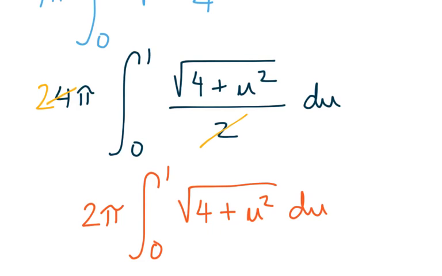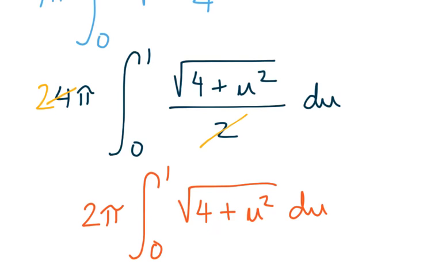So this is really 2 pi, the integral from 0 to 1 of square root of 4 plus u squared du. So remember this trigonometric substitution. Sometimes we change with sine, not this one. Sometimes we change with secant. Sometimes we change with tangent. This is the one that we probably want to change with tangent. Yes? Sure.